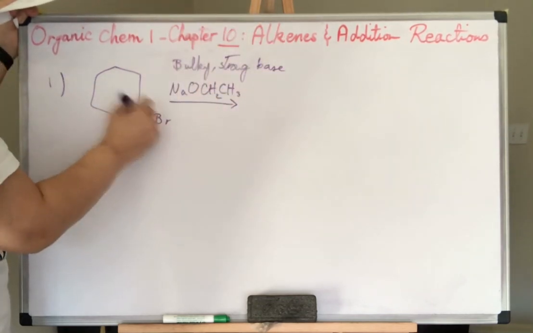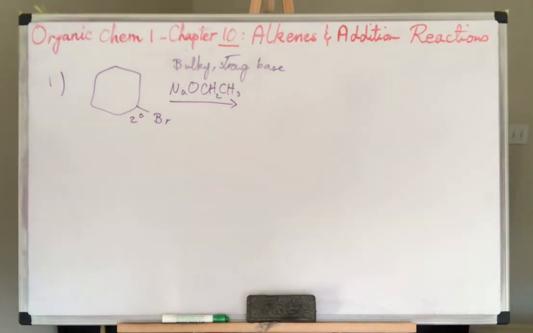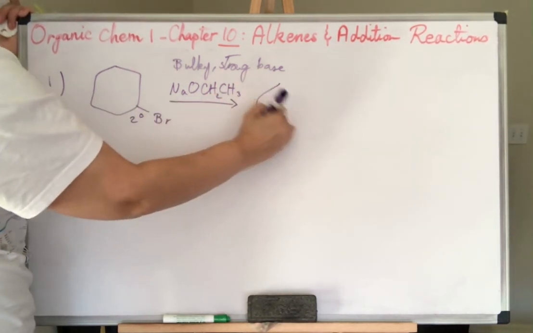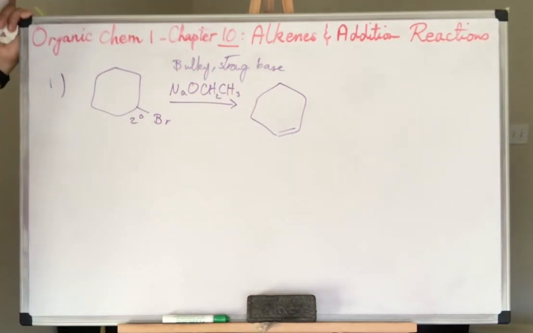And you have a secondary alkyl halide. We're supposed to use what we have learned in the previous chapters. Now, what happens? You need to apply the Zaitsev rule if it is applied, and form the alkene.